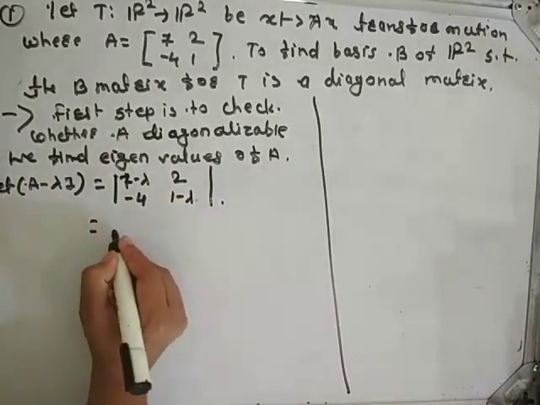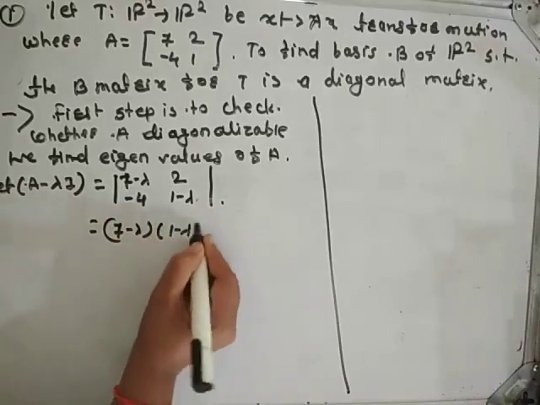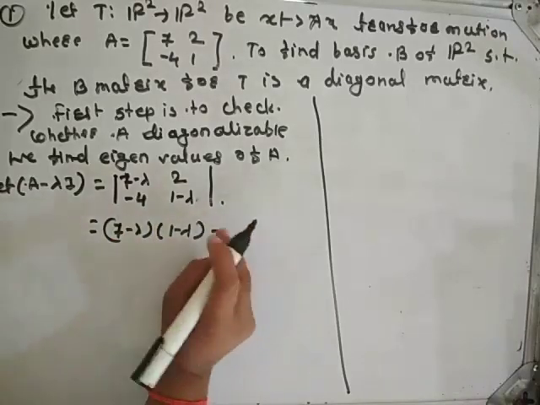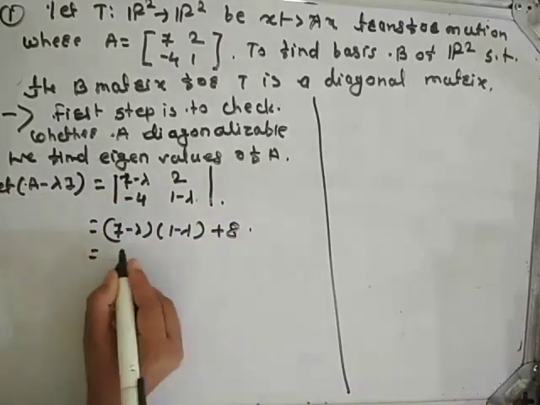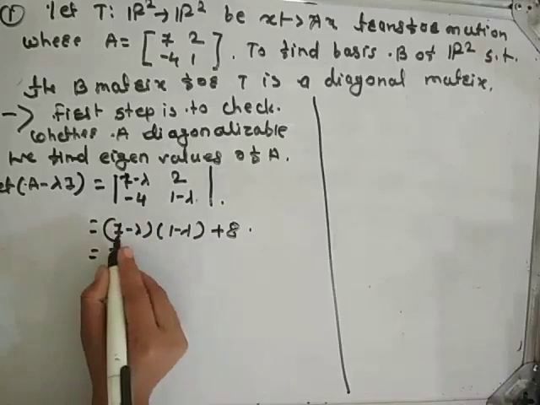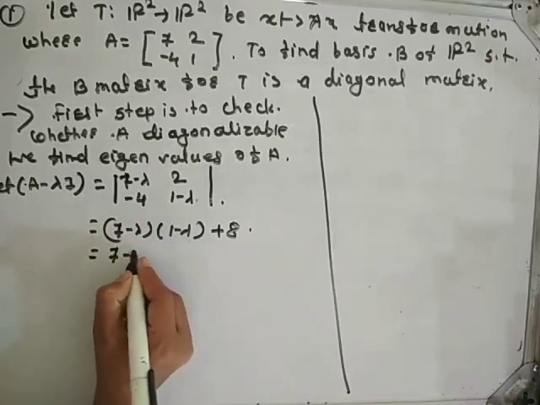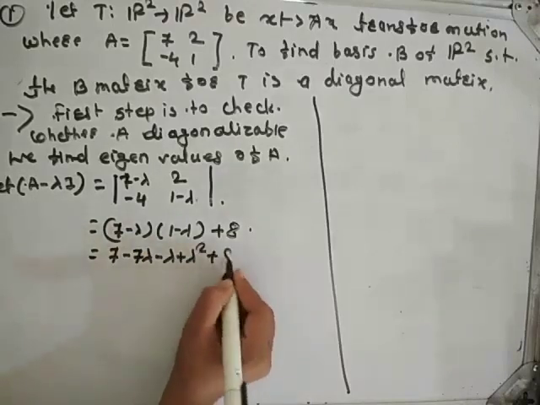Find the determinant of this: 7 minus lambda into 1 minus lambda, plus 8, which is 7 minus 7 lambda minus lambda plus lambda square plus 8.